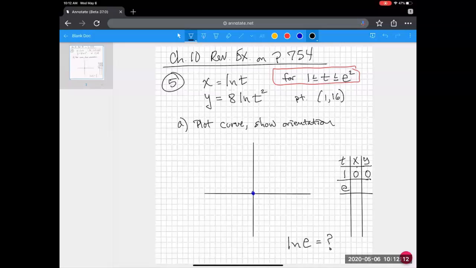Good. So we would get a 1. And so that's for x. But then I need to do 8 times the natural log of e squared.